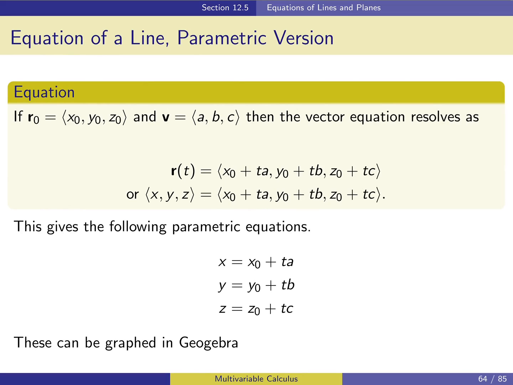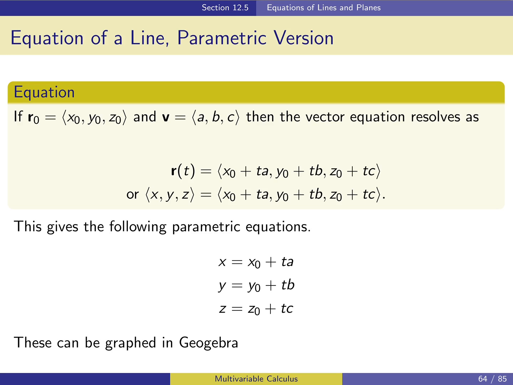Now that we have this vector equation, we can start to play around with the algebra a little bit. If we have r0, which remember is the position vector of just any point on the line, and v, which is our direction vector <a, b, c>, then we can rewrite the vector equation by distributing the t to <a, b, c>, and then doing the vector addition, and we get r(t) = <x0 + ta, y0 + tb, z0 + tc>. We can pull out the individual parametric equations.